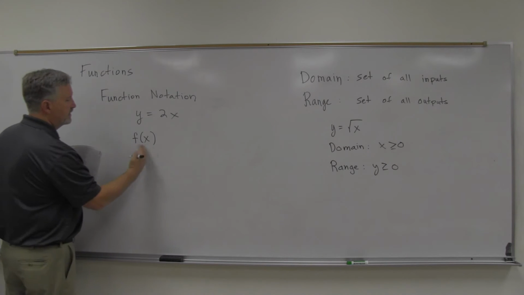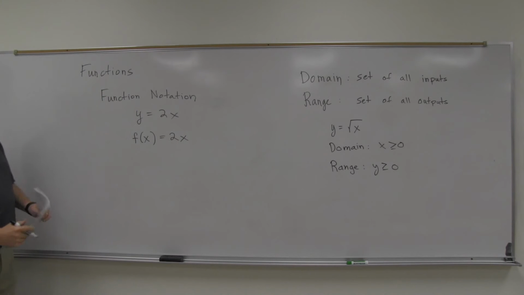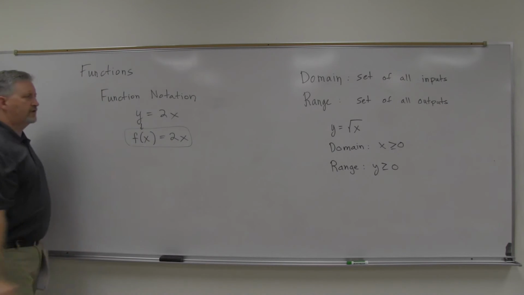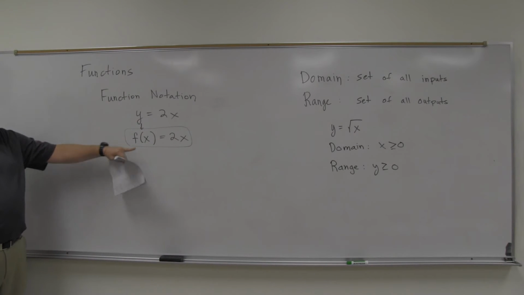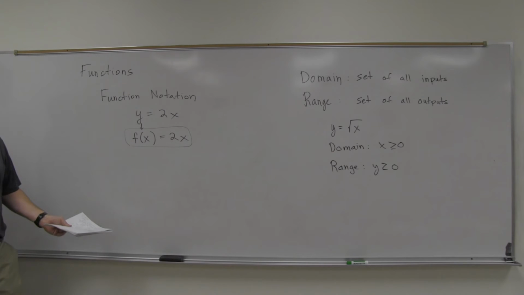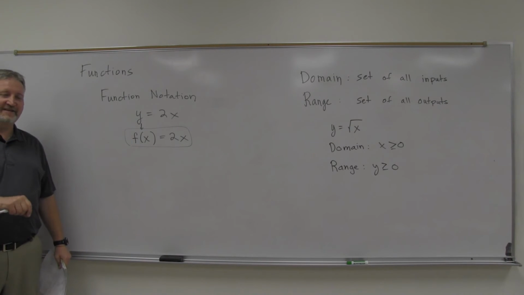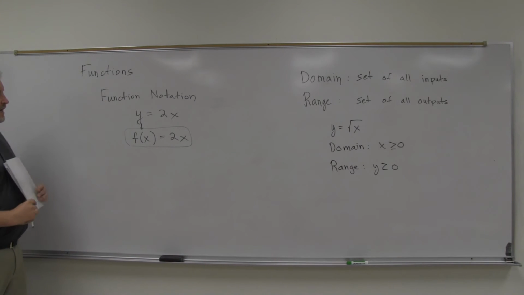I mean, we can use other letters there, but this is the so-called equation in function notation, f of x equals 2x. It's just a replacement of the y. In other words, f of x equals y. Those two are one and the same. Y is equal to f of x.